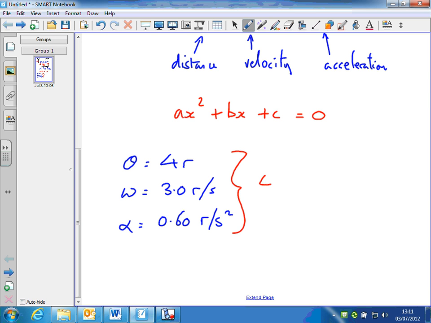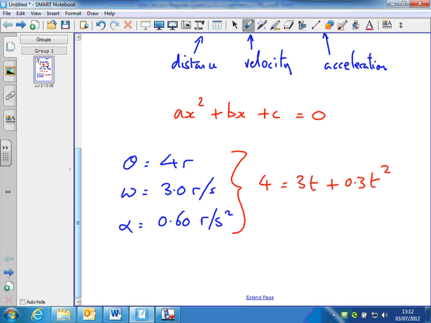Theta equals omega t, which is 3t, plus half alpha. So if alpha is 0.6, a half of that is 0.3 t squared.